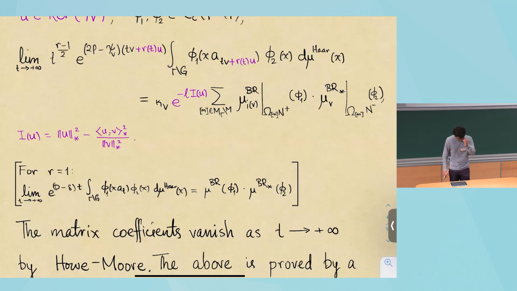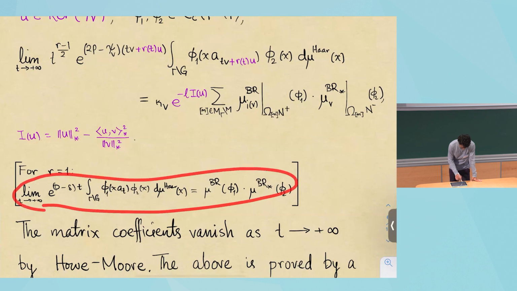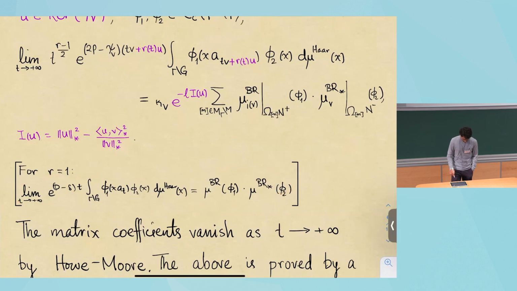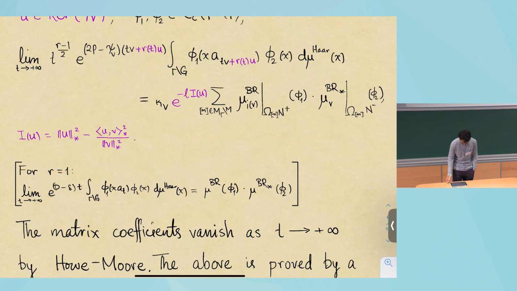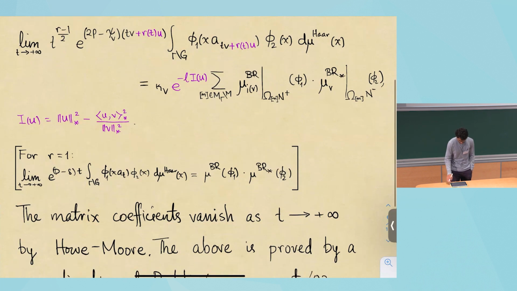In the rank 1 case, we get this statement. This is due to Winter. So you take the correlation function and then you normalize by e to the d minus delta times t. Delta is the critical exponent, and d is the volume entropy.